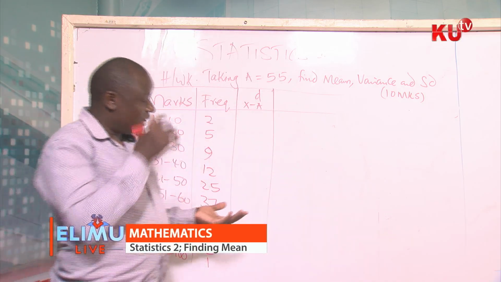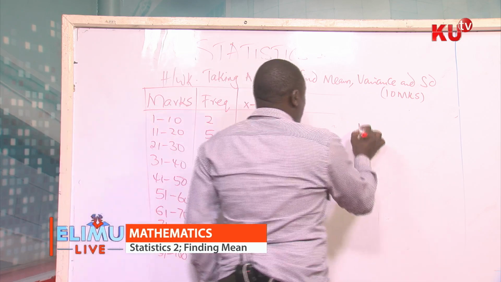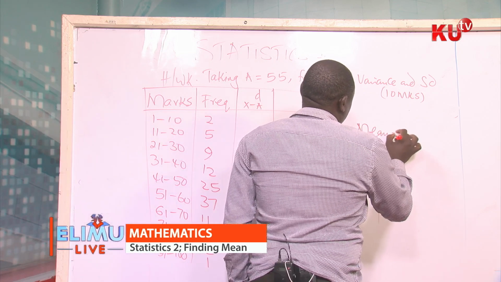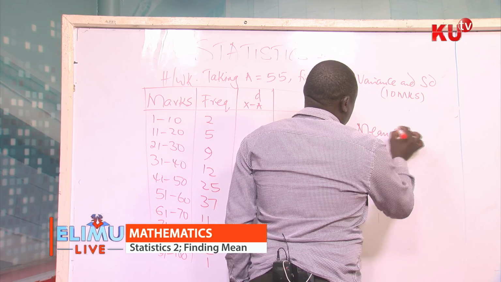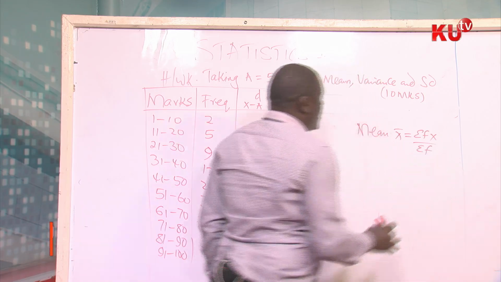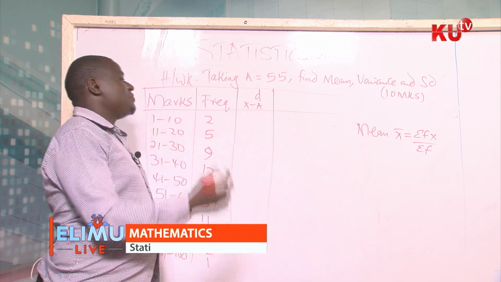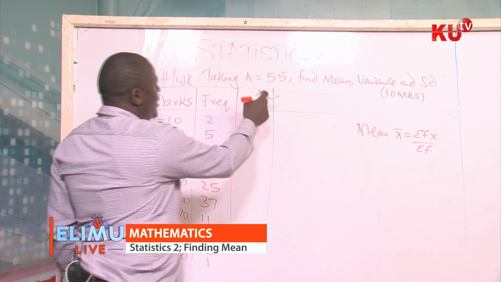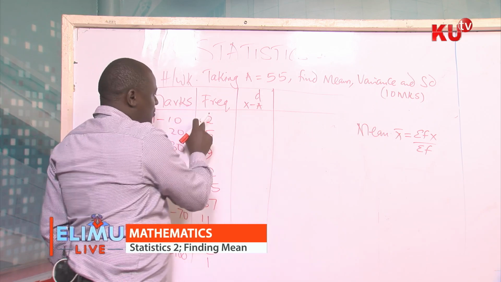There is another method. I already said that. And I had said that mean, which we indicate as x bar, is given by summation of fx over summation f. The other method that I keep saying is simply getting the midpoint multiplied by frequency.